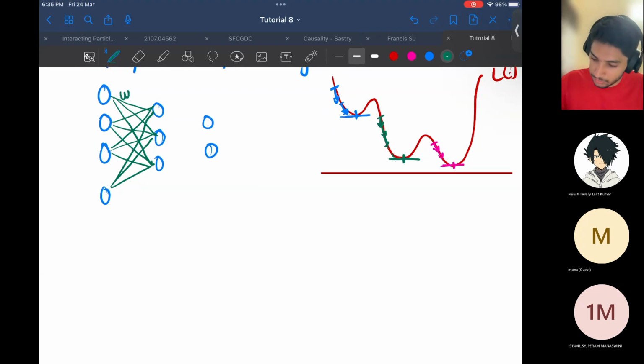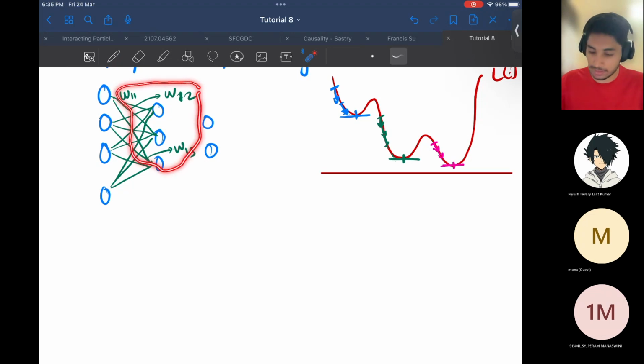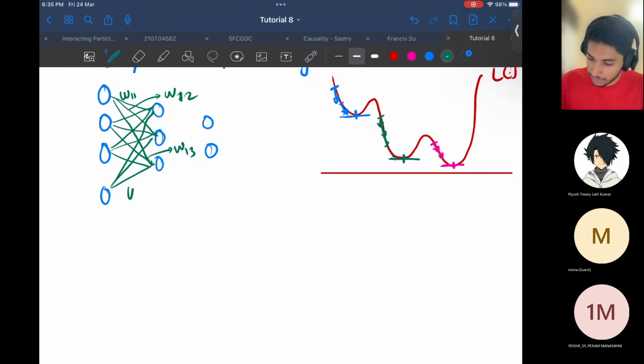Maybe this one is W11, this is W12, this is W13, and similarly you can name all of them. So now the question is, how do I initialize all these weight matrices? These are not the only weight matrix. There can be an entire matrix which has the dimension of 4 cross 3.